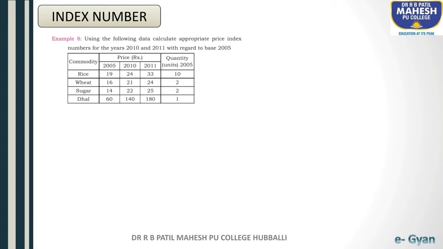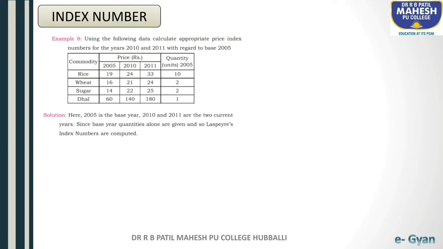There are two current years given, 2010 and 2011, and the base year is 2005. So for this example we have to find price index of 2011 with base 2005 and price index of 2010 with base 2005. So let us solve the example.